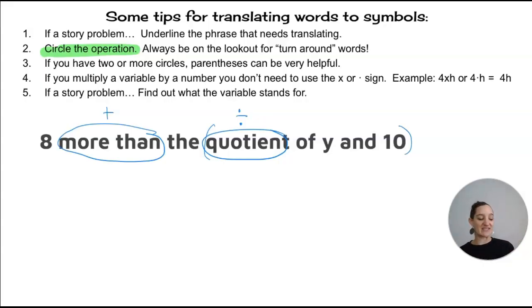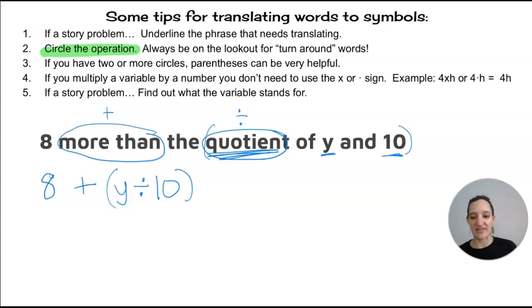So now I get to bring everything down. This says 8 more than, and then we're going to do a division. We're going to divide what? It tells us the quotient of y and 10. And then we're going to find 8 more than that.